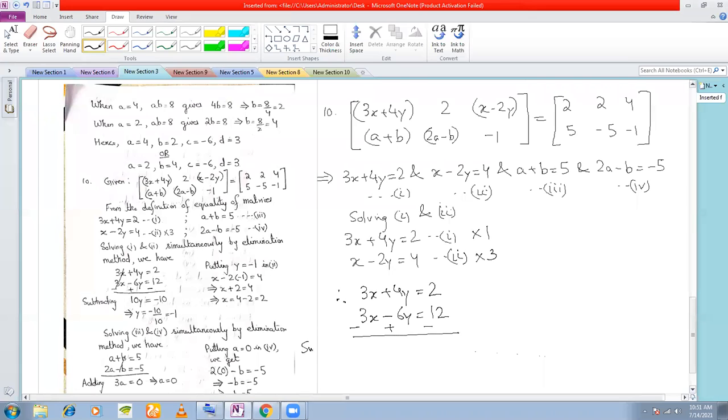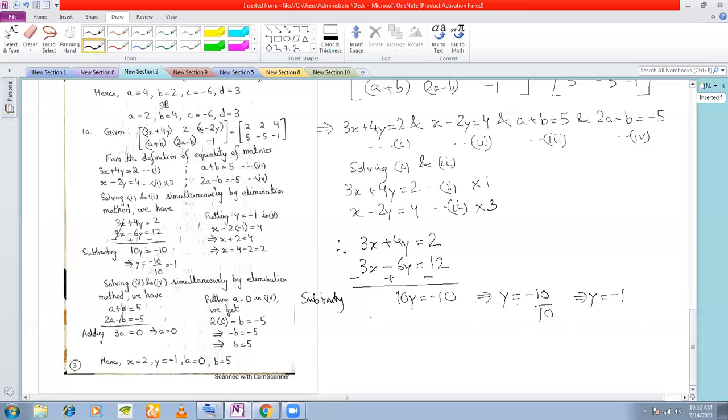Subtracting, you get 10y is equal to minus 10, so that y must be equal to minus 1. So you've got the value of y. Now in order to get the value of x, let's put it in equation number 2.